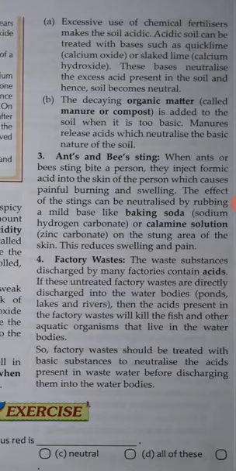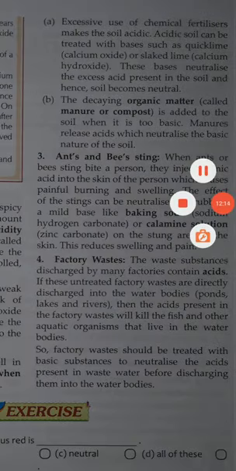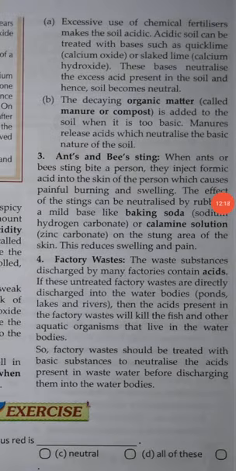The next, the fourth type, is factory waste. Whenever there is a factory or industry, waste materials are always produced, and most of the time these waste materials are acidic.